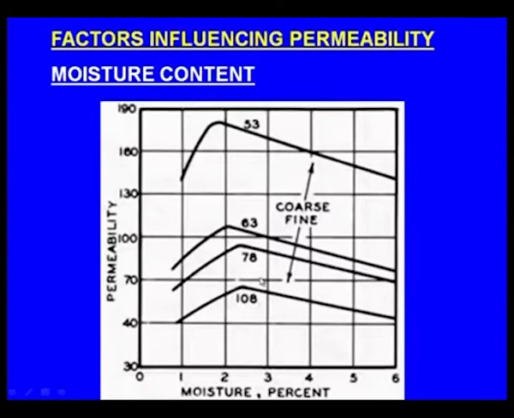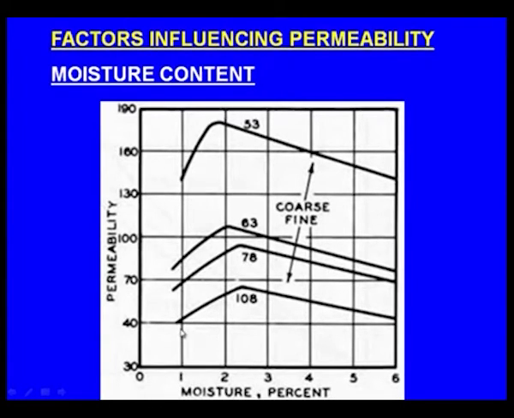On the other hand, if the grain fineness number is very low, it indicates that the sand grains are very large or very coarse. Now this is the grain fineness number 108, means this is a fine sand. So the permeability is very low, and again it varies with the moisture content.